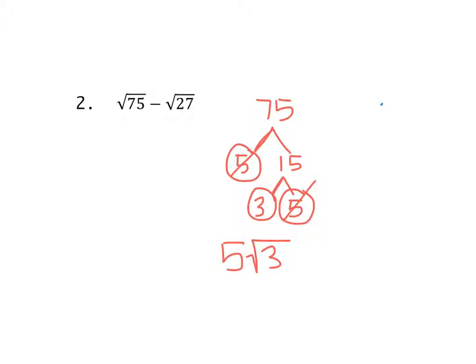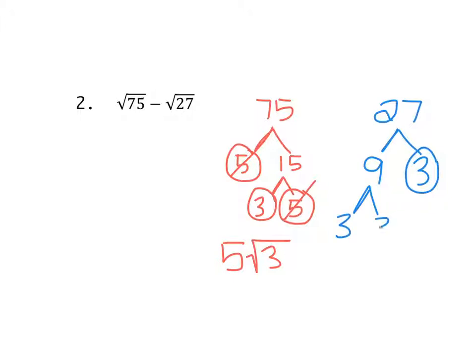Now let's try and see if we can break down 27. What are 2 factors of 27? We have 9 and 3. 3 is a prime. Can we break down 9? Yes, 9 is the same thing as 3 and 3. Do we have any pairs?